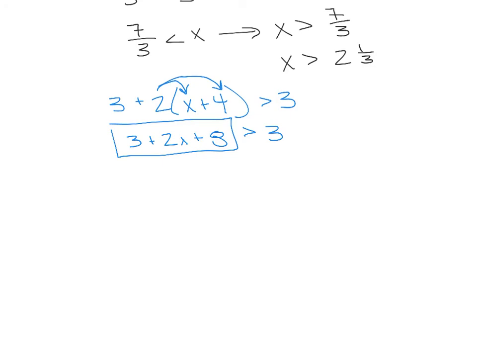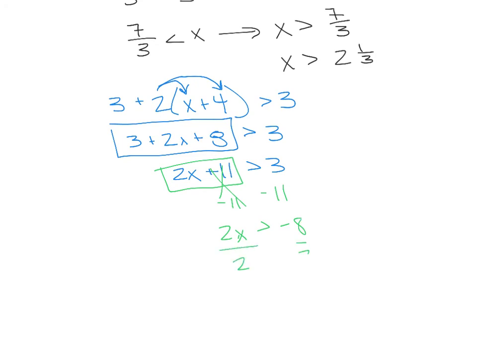We can combine the 3 and the 8, so we get 2x plus 11 is greater than 3. The next step is to get the x by itself, so I'm looking here. Subtract 11, because we got to subtract the constant first. Those are opposites, so they cancel, so we have 2x is greater than negative 8, and the last step would simply be to divide by 2. And we get x is greater than negative 4.